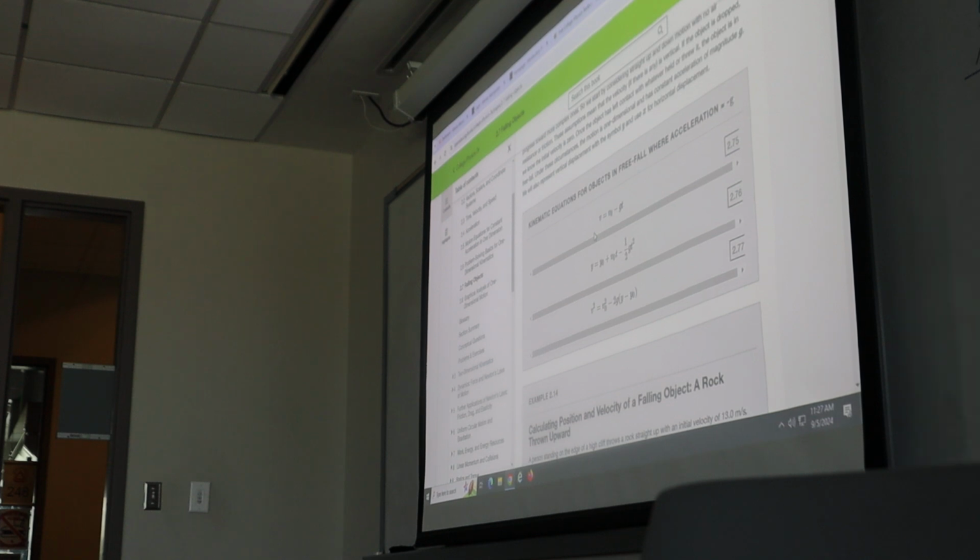So 9.8 times 2 is 19.6. This time it will be 13 plus 19.6, 32.6.